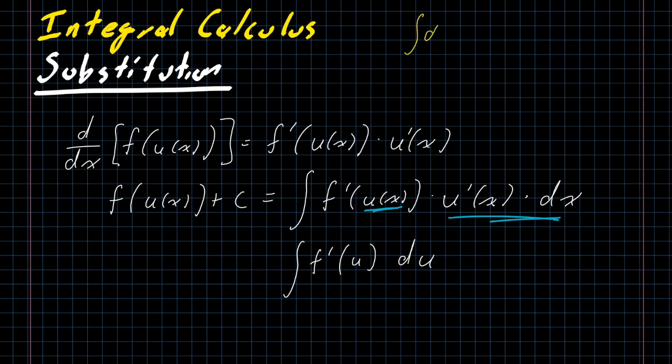Well, the integral of du should be u plus some constant of integration. And the integral of u prime of x dx should be u of x, again, plus some constant of integration.